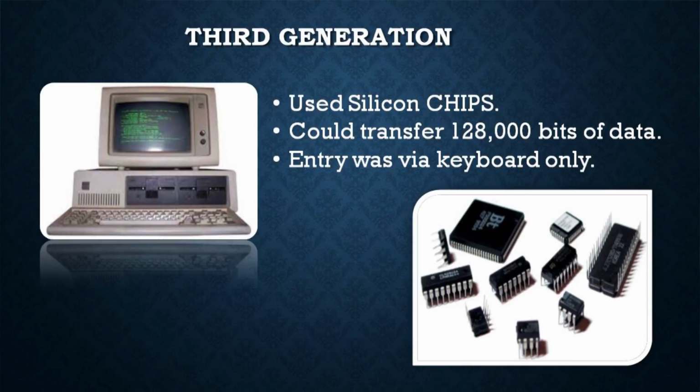An integrated circuit is basically a combination of electronic devices which are combined together and brought as a single unit. Silicon was considered as the best conductor of electricity at that point, and wires were slightly reduced. Also, speed of transfer of bits was increased up to 128,000 bits of data.